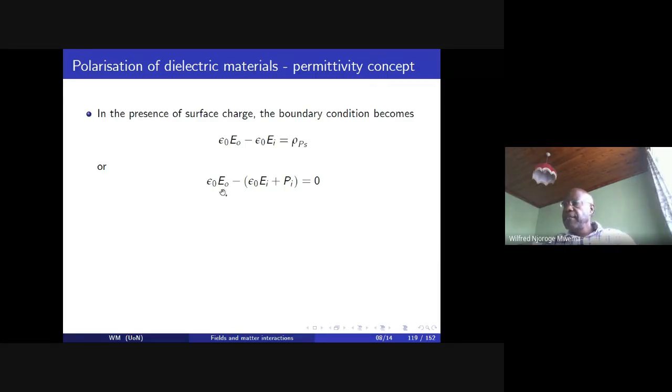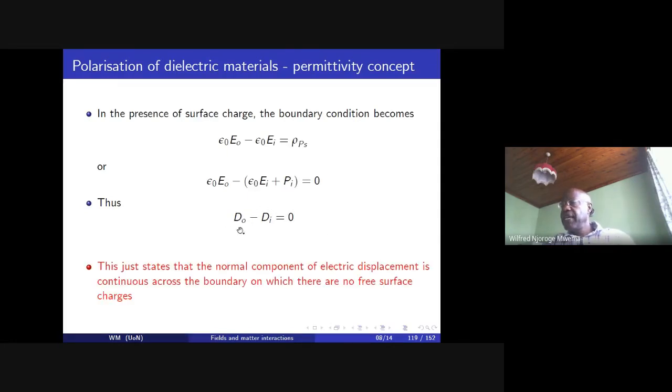So the outside displacement minus the inside displacement must be equal to 0. It means that the normal component of the electric displacement is continuous across a boundary on which there are no surface charges. That is, when there are no surface charges, this equation must always hold.